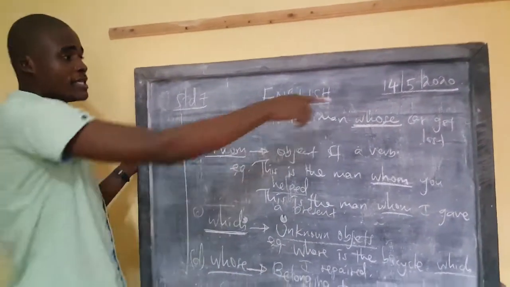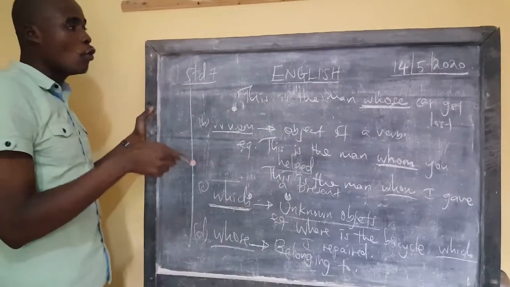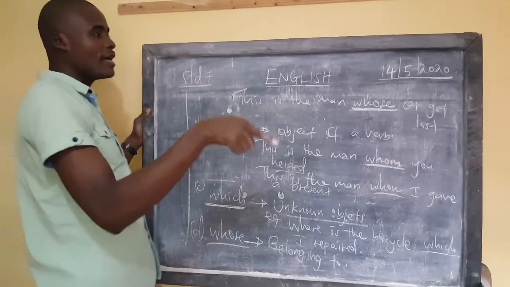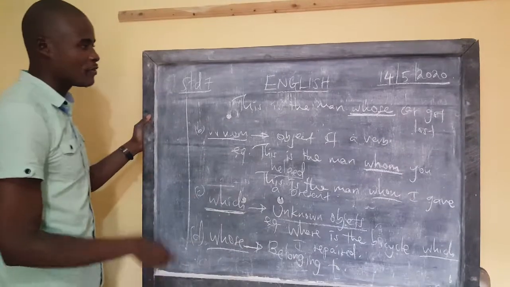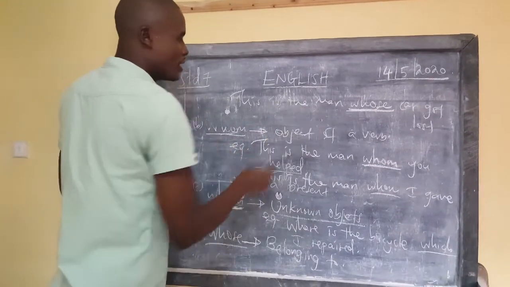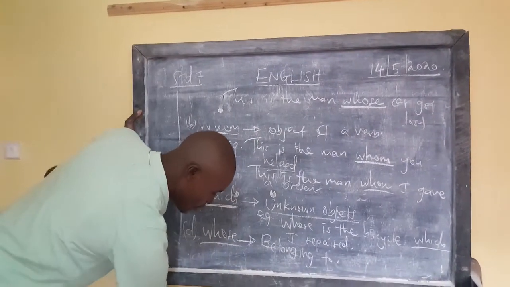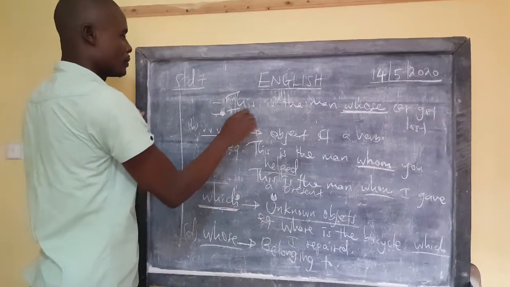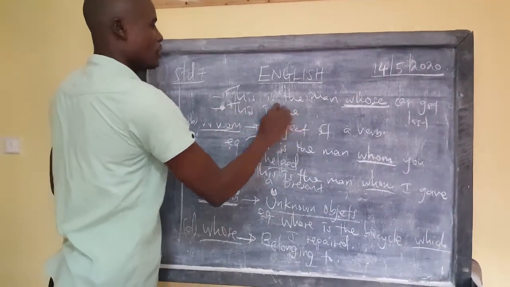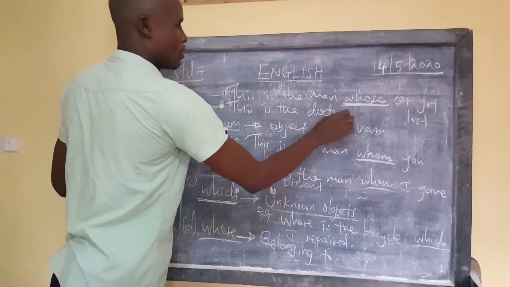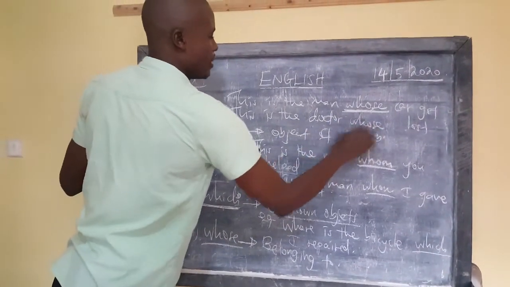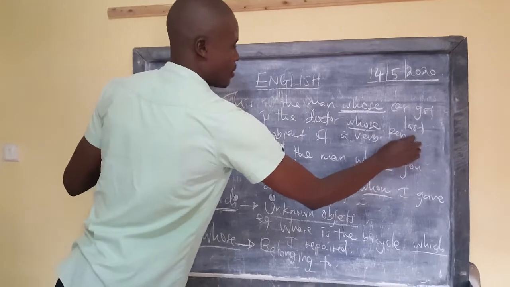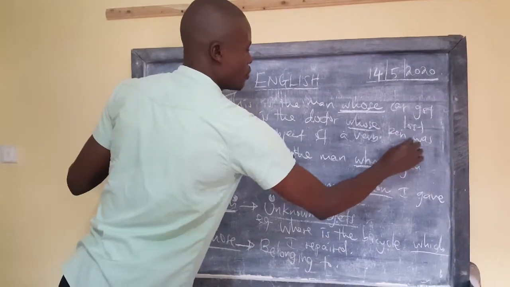The man is possessing that car. So when I talk of whose, we mean that the car is owned by who? By the man. So this is a man whose car got lost. Number two, this is the doctor whose pen was stolen.